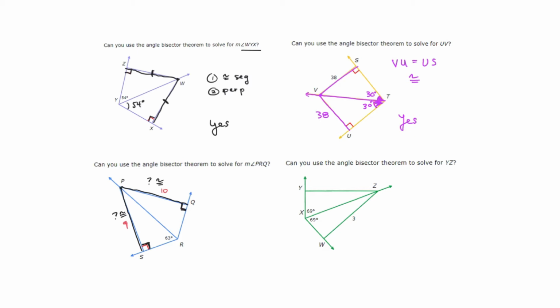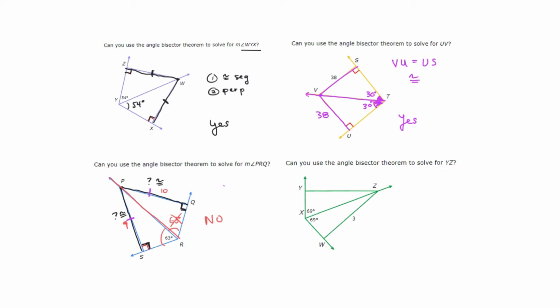If those aren't congruent, there's no way for me to say whether this is an angle bisector, and if I can't say that, I can't say this is 63 degrees. I can't assume. What's missing here is maybe some slashes to tell me those are congruent.